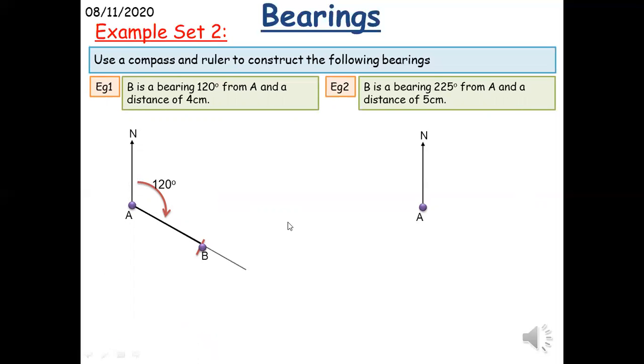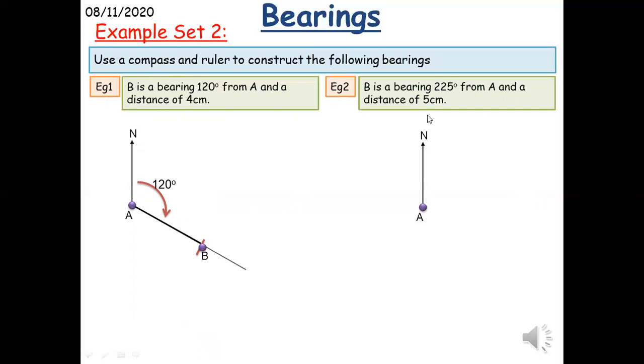Okay. In the other question, he gave you a bigger bearing, which is 225, from A also, so I started from A north, and a distance of 5 centimeters. What do you think we are going to do here?